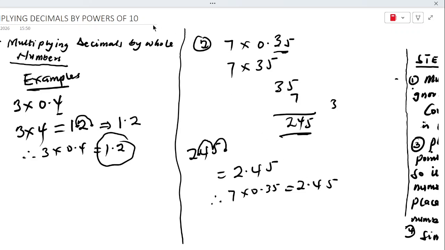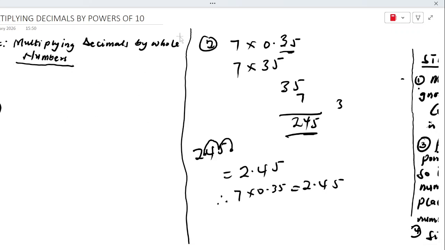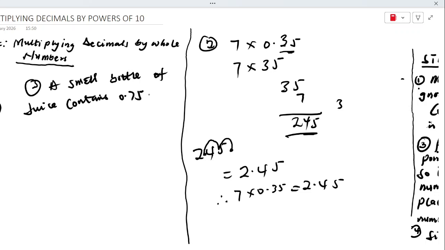Now let's look at some examples that involve application. The third example, number 3. A small bottle of juice contains 0.75 liters.